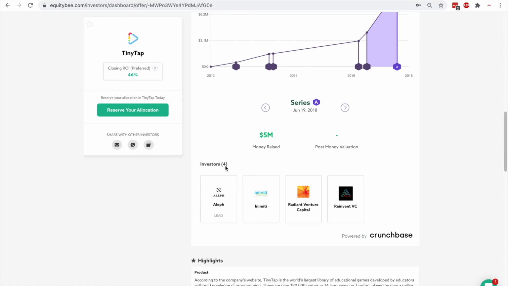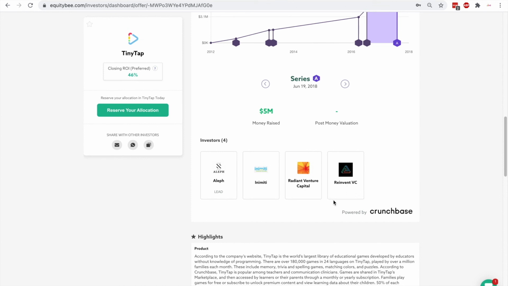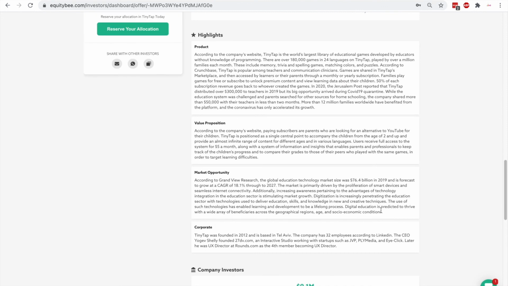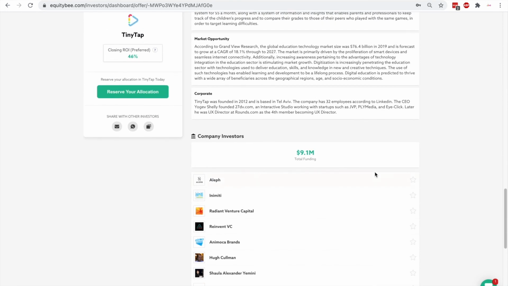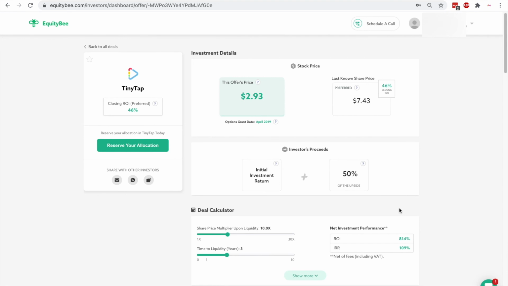And then you have the investors, so you can dive into their investors, see what other sectors they invested in, and how many of them actually went public or became unicorns. And based on all this information, you can also decide if this is the right company for you guys. So this is a very simple interface for you guys to understand and learn about this startup.